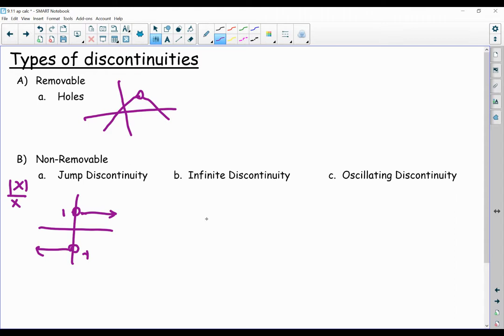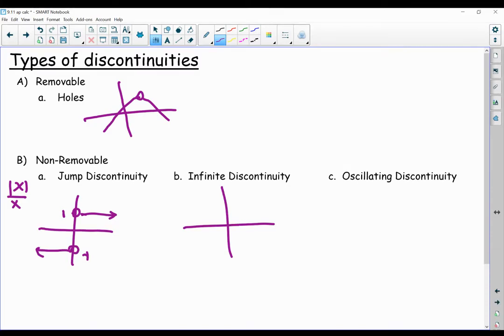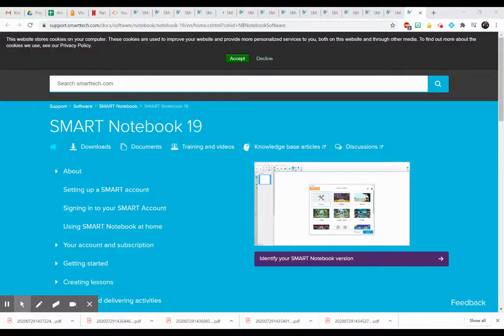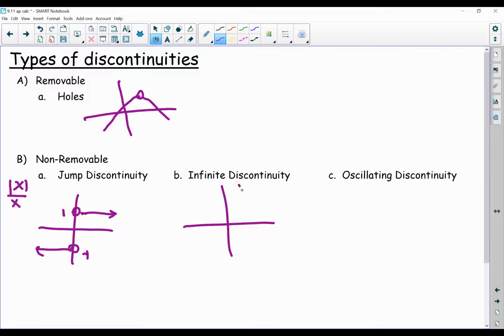Okay. The third type is what we call an infinite discontinuity. An infinite discontinuity is a fancy way of saying an asymptote. It's called an infinite discontinuity because at that x value, first, the function's undefined, but second, the limit of that function from either side is approaching one of the infinities.